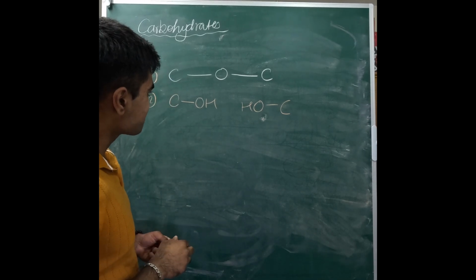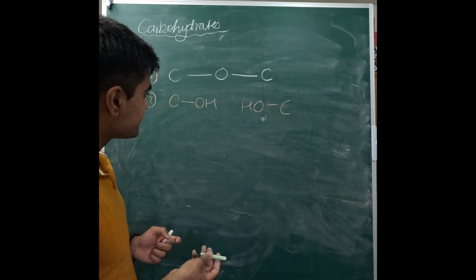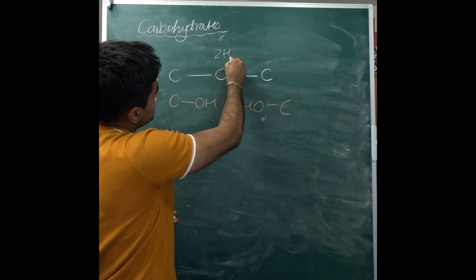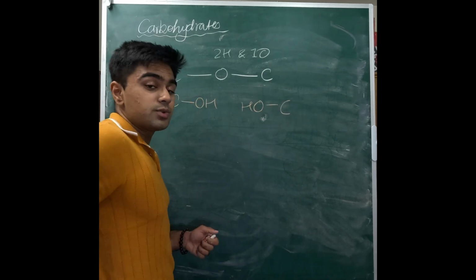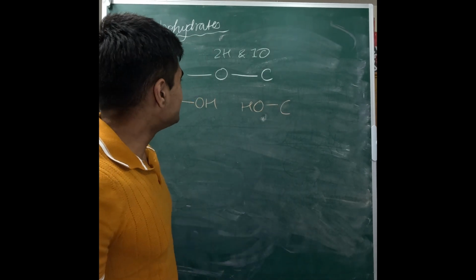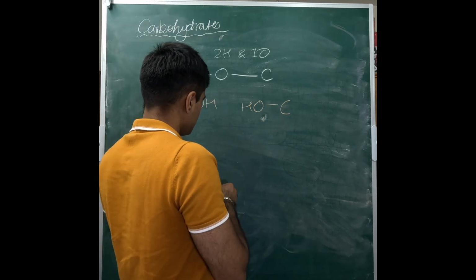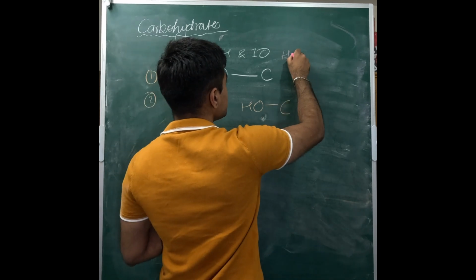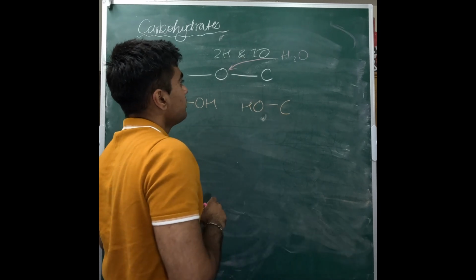The key here is I need to add the missing elements. What are the missing elements? You're missing 2 hydrogens and 1 oxygen. In other words, you're missing a water molecule. So all we do is take a water molecule, H2O, and add it to this.